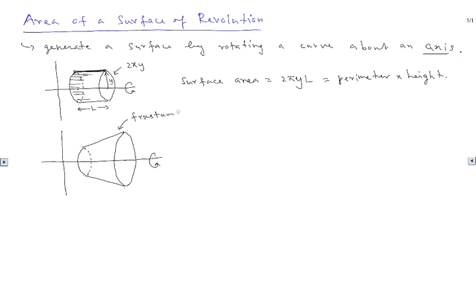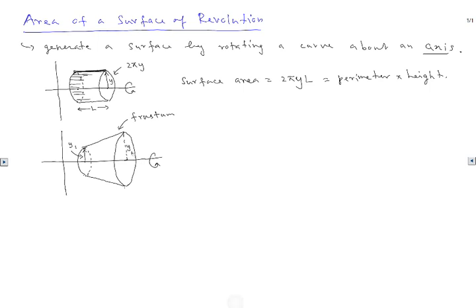Okay, frustum. So the goal is to find the surface area of this one. We have here y1, the smaller radius, and then a larger radius, which I'm going to call y2. If we have y1 and y2, then you can also find the average radius.